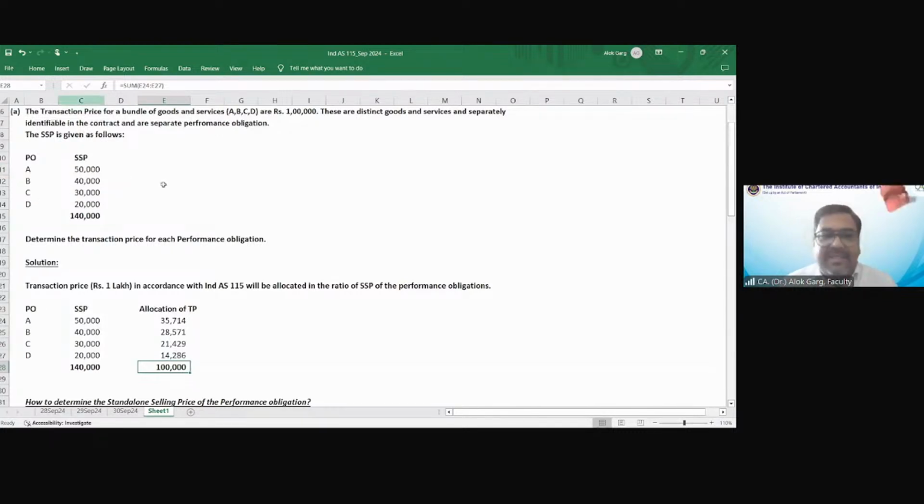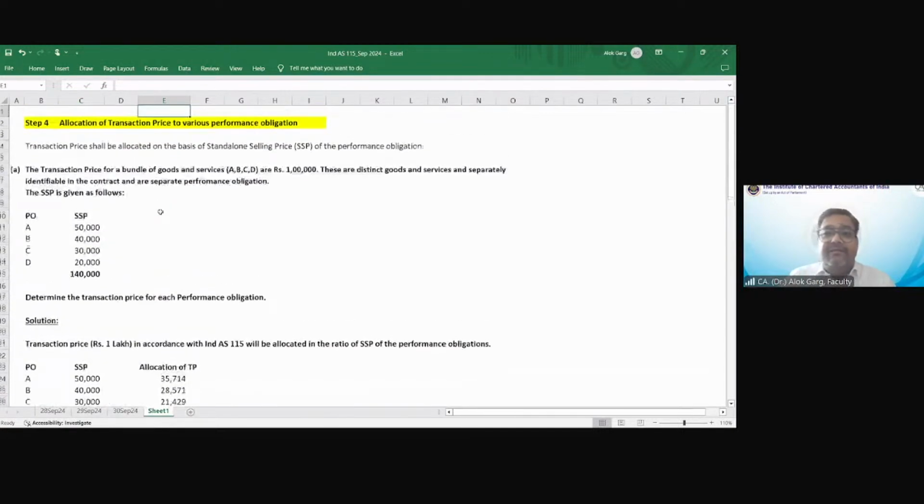So friends, it's 8:21 now, and I have explained the concept of allocation of transaction price to various performance obligations. So let's have a 10 minutes break. After the break, we will discuss a lot of illustrations and two concepts: allocation of discount and allocation of variable consideration, which is the most awaited question in the examination.